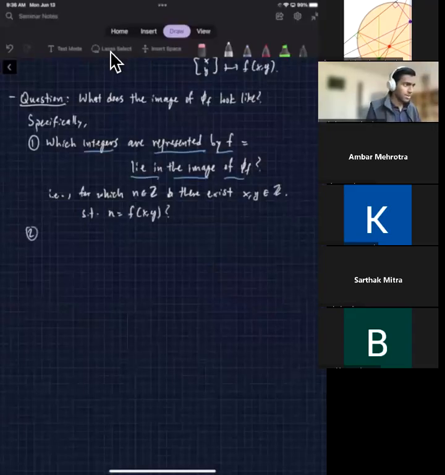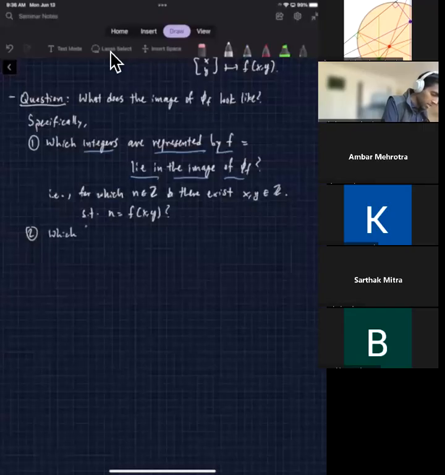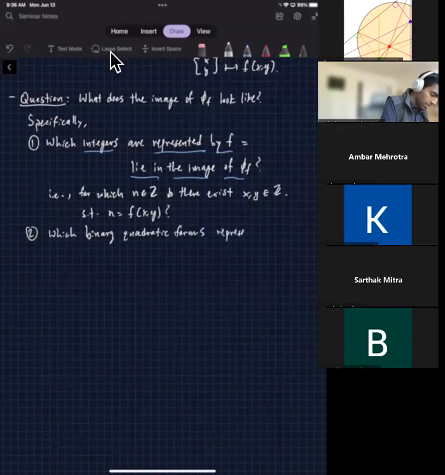And another question we will be interested in is which binary quadratic forms represent the same integers as f.